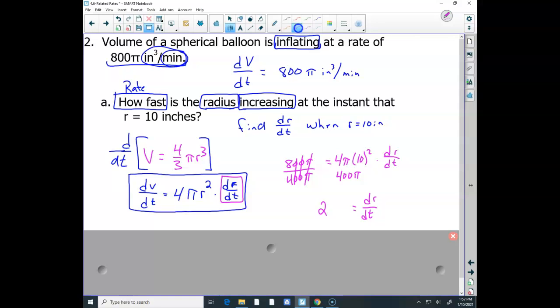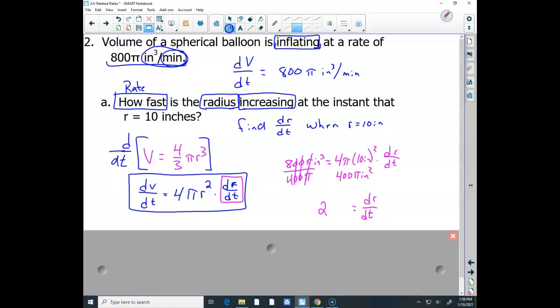Well, 2 what? What do you think? Radius. Should the radius be measured in inches cubed, inches squared, or an inch? Well, this is kind of cool though. If I put my inches in here, I'm going to have 10 inches, but then I square it.